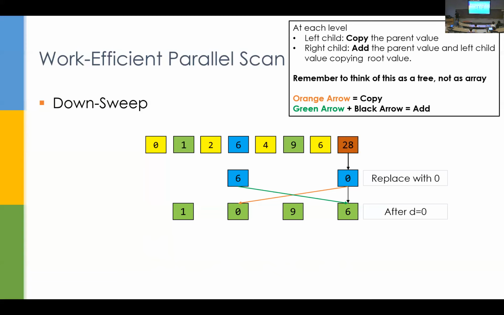So let me draw it this way. I'm going to draw indices. So this would be 1. And then if I were to draw this, it would be 1, 3, 5, 7.